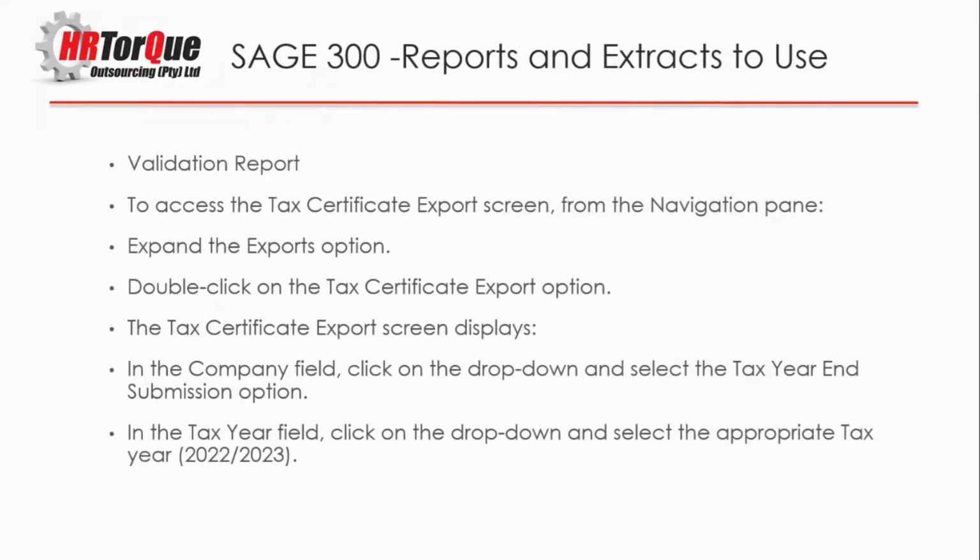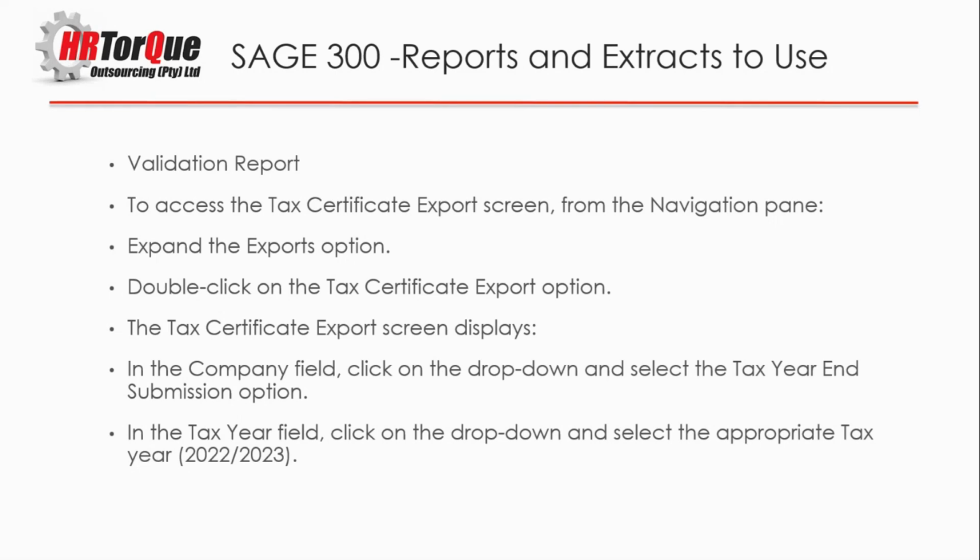Okay, so how do we do that? So we've got to run a validation report, and we can go to that by our tax certificate export under the navigation pane. So we open up our exports, we go into the tax certificate export option, and then our export screen displays. We'll get to that actual image of that before.